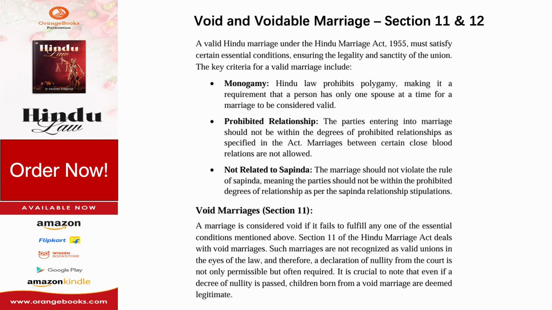But one important aspect here is that even though it is a void marriage, any children born out of this void marriage will be considered legitimate children. So void marriages are very simple. If any of the conditions mentioned in the earlier sections 5 to 7 are not maintained, then the marriage is called a void marriage. But the only condition here is that any children born out of these void marriages are considered legitimate children.